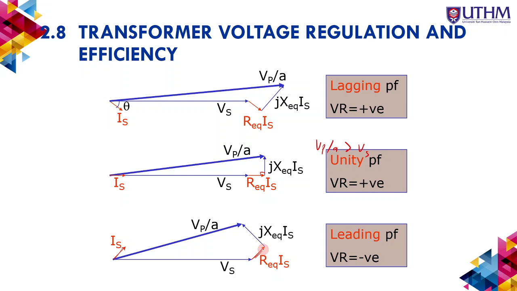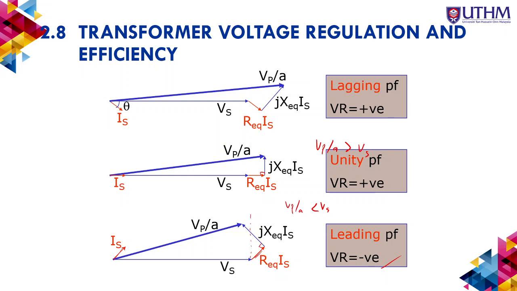So Is Re, and then this one 90 degrees, the X equivalent Is, and then we connect the Vpa phasor. Vpa over A. So we can see over here that Vpa is less than Vs, so we can know that the voltage regulation will be negative.